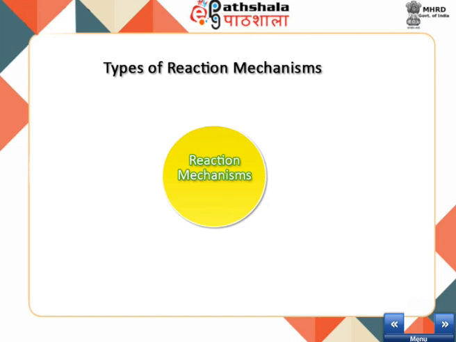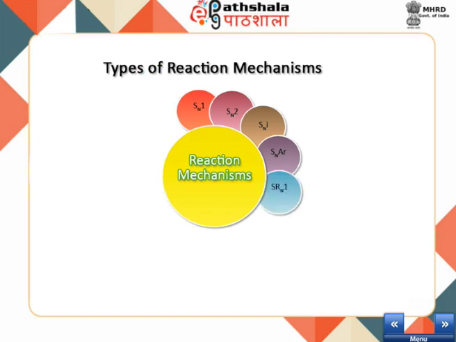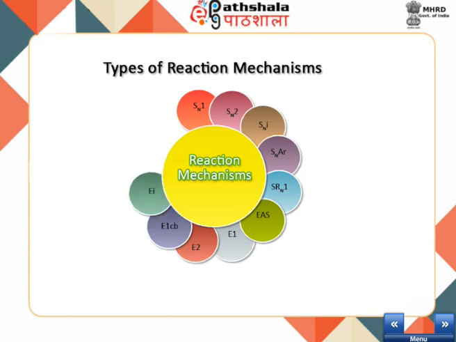Some common mechanisms are substitution nucleophilic unimolecular SN1, substitution nucleophilic bimolecular SN2, substitution nucleophilic internal SNi, substitution nucleophilic aromatic SNAr, substitution radical nucleophilic unimolecular SRN1, electrophilic aromatic substitution EAS, unimolecular elimination E1, bimolecular elimination E2, conjugate base elimination E1CB, elimination internal Ei, free radical and concerted mechanisms.